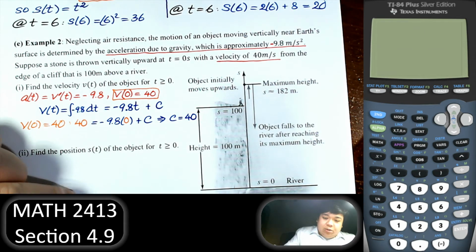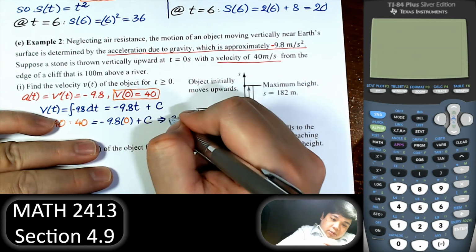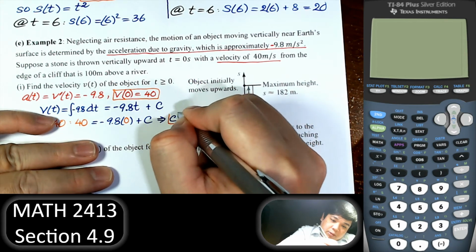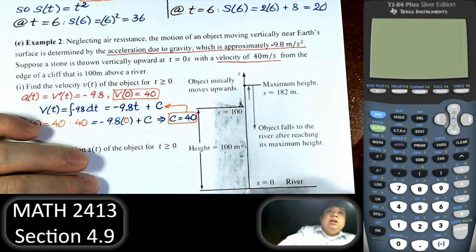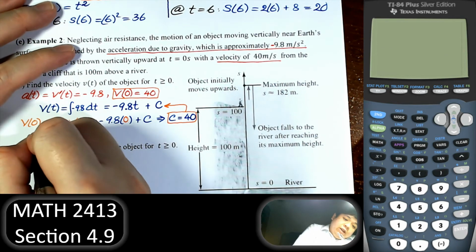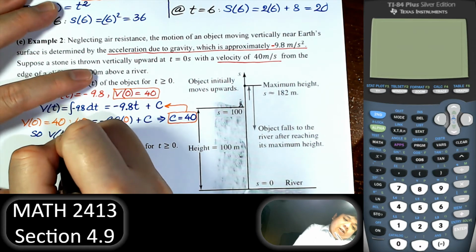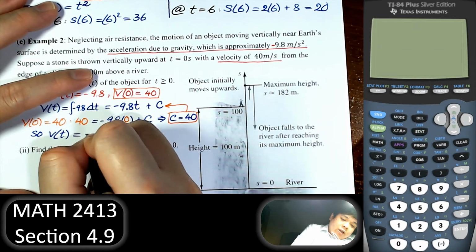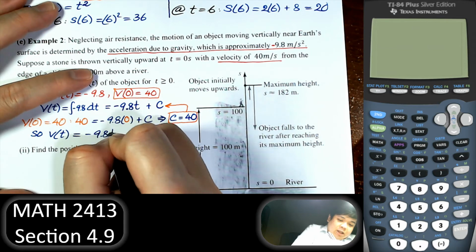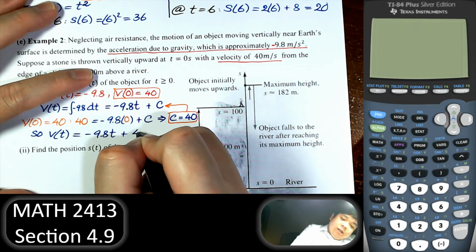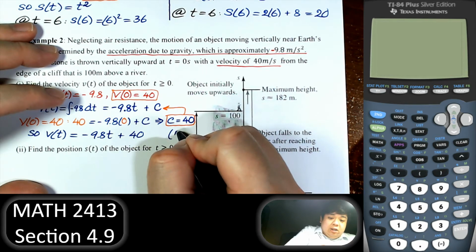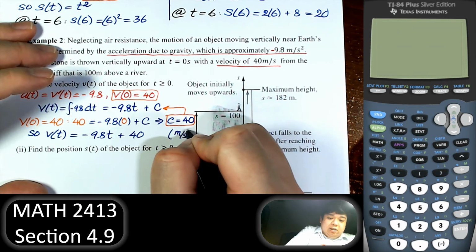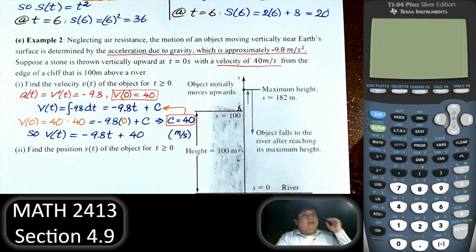We can substitute that in. So v of t is equal to negative 9.8 times t plus 40. Of course, if we want the unit, velocity is meters per second. Right, so we have the velocity.